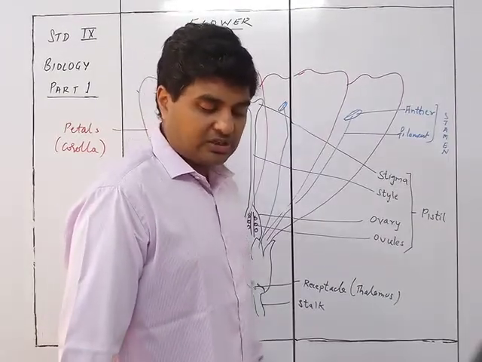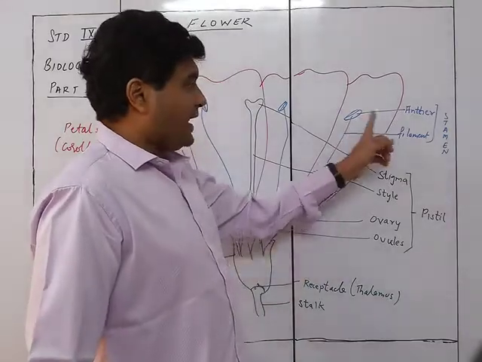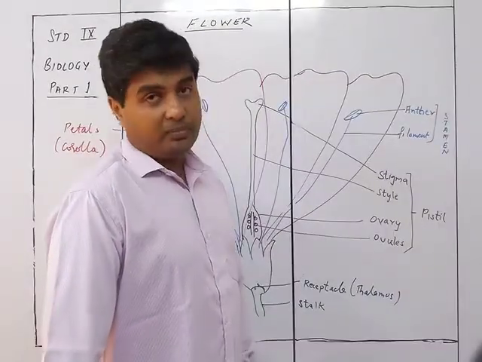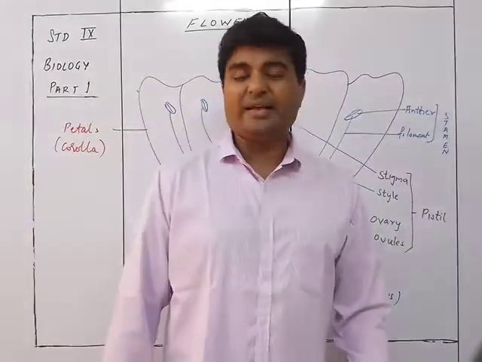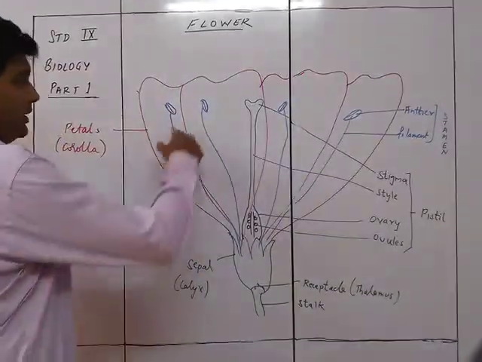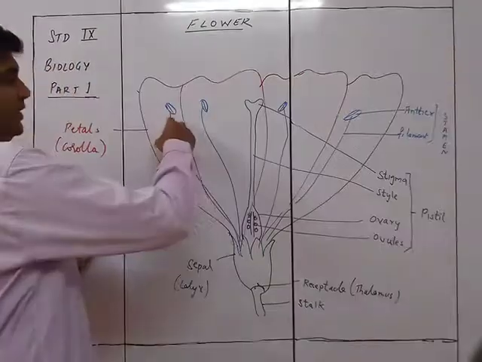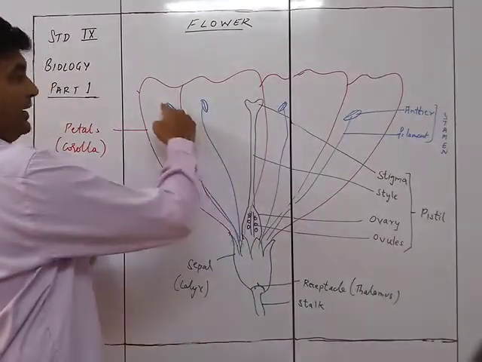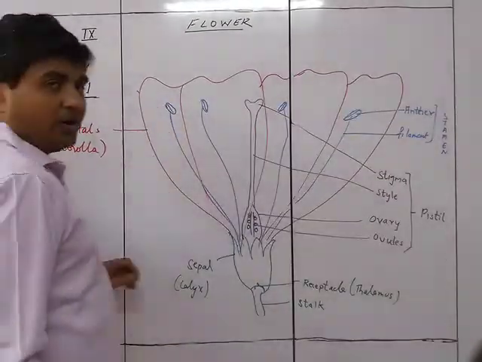Each stamen consists of a thread-like filament and anther, which is on the top. So the androecium, the stamens, contains the filament and the bilobed structure called the anther.